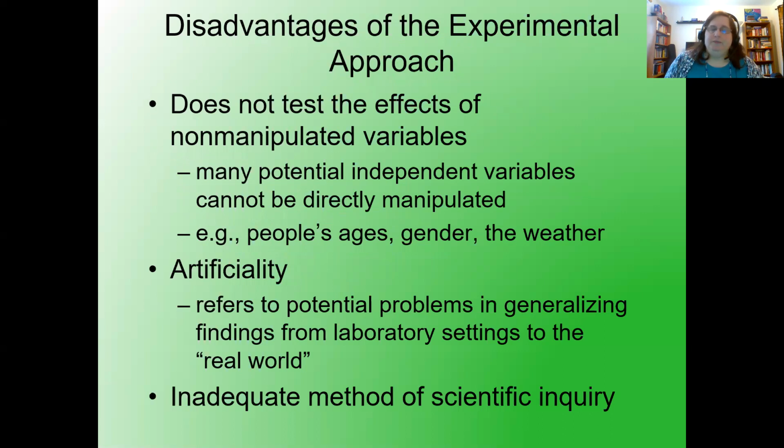People's ages, gender, weather, involvement in a natural disaster, or being impacted by a natural disaster. Now, that doesn't mean that those variables aren't important or worthy of study. Of course they are. But the experimental approach might not be the best way to get at them.